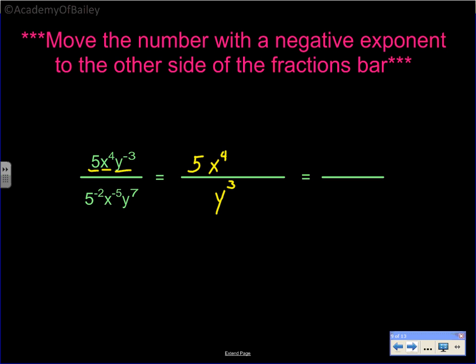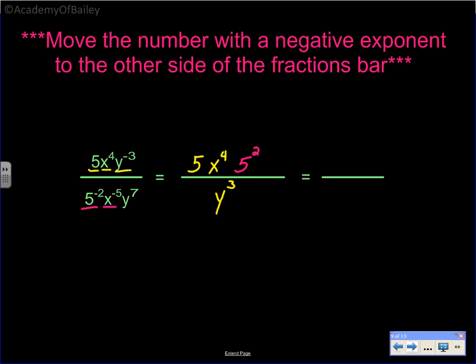All right, now let's go down on bottom. 5 to the negative 2nd power, it's negative, so it's on bottom now. It will move to the top, and the exponent becomes positive. X to the negative 5th power, well, it's a negative exponent, and it's on bottom.